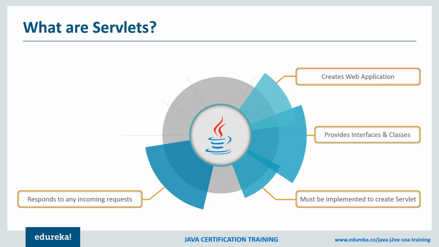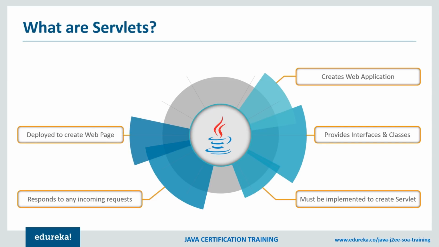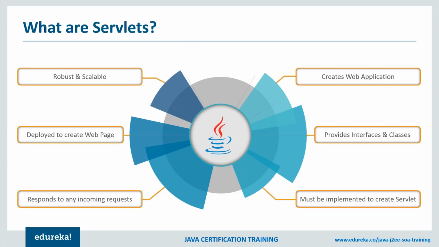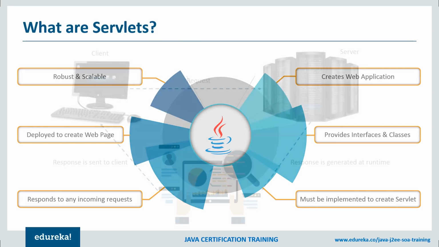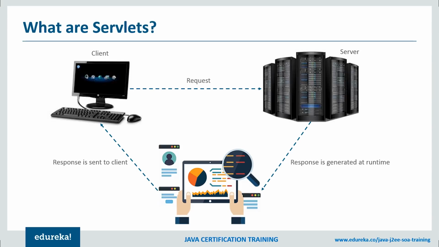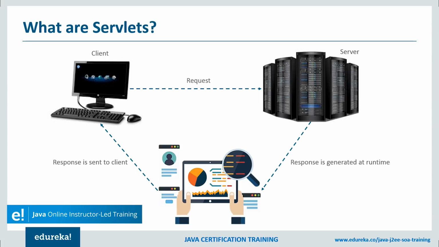That is, it can respond to any kind of requests. And servlet is a web component that is deployed on the server to create a dynamic web page. And it is also robust and scalable. In this figure, you can see client sends a request to the server and server generates a response. And then it analyzes it and sends a response back to the client. So basically, this is how it works.